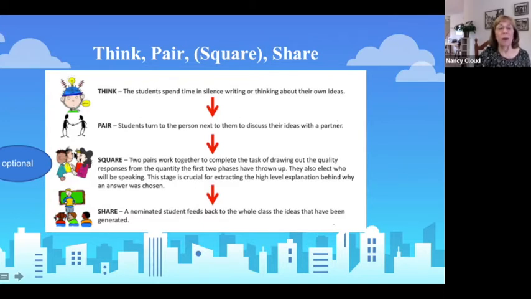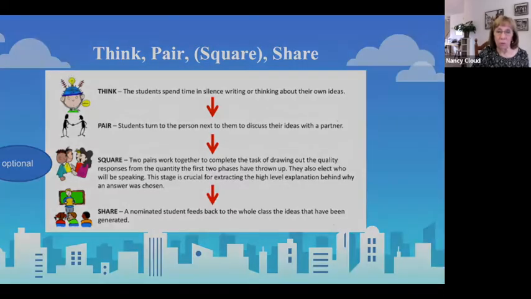Another benefit is everybody's talking again, so a double opportunity for speaking, and then a third opportunity for speaking, but now I only need eight groups to respond rather than 16. So I hope you can see the advantages, and I wanted to stress that so you think about it. The square is optional, but it could be very useful.